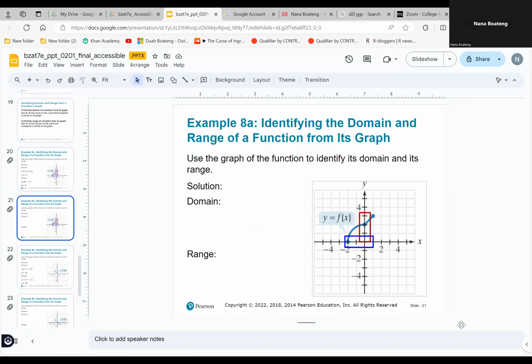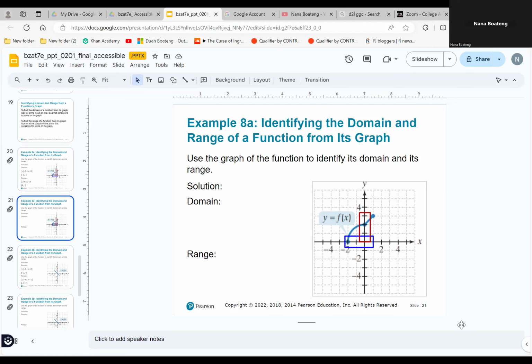If you look at the blue rectangle, you can see that this function exists on the x-axis between -2 and +1.